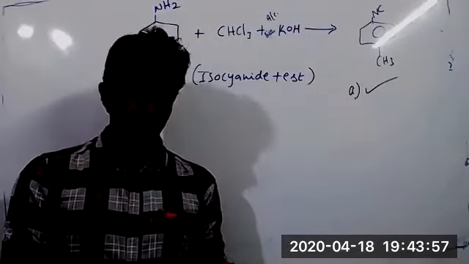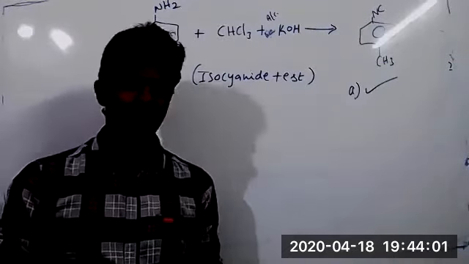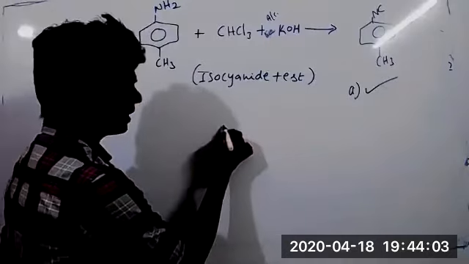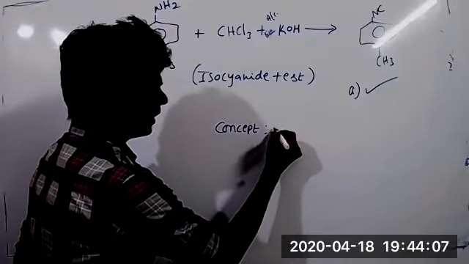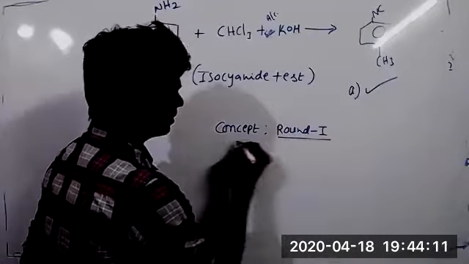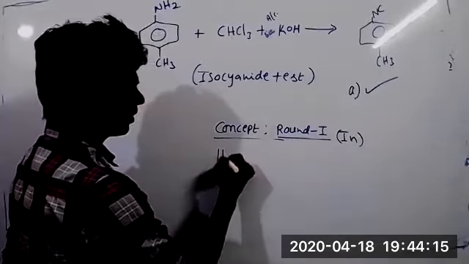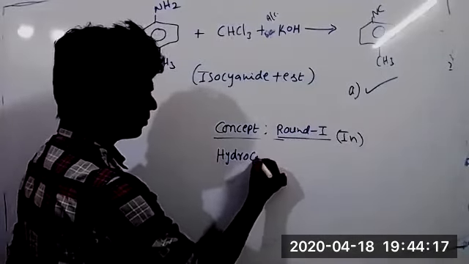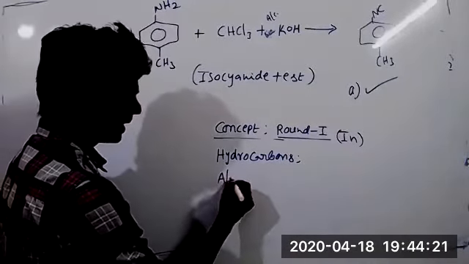Tomorrow we have 2 exams, a CET exam and a JEE exam. For CET level, you only refer to the concept and round 1 level questions in hydrocarbon and this chapter, alkyl and aryl halide.